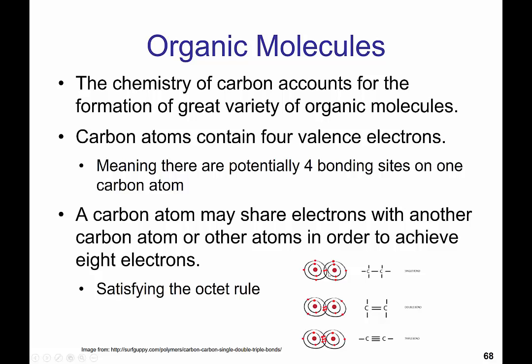If you have 2 carbon atoms, they can form this single covalent bond. Then other bonding sites off of those as well in order to satisfy that octet rule. Or carbon can form a double bond with another carbon atom, or even a triple bond. So we'll see variations on this as we go along.